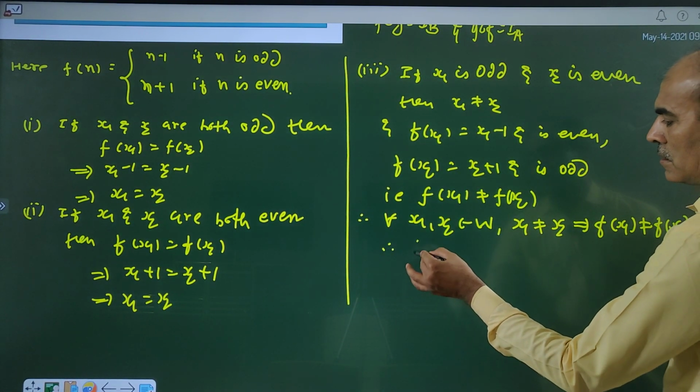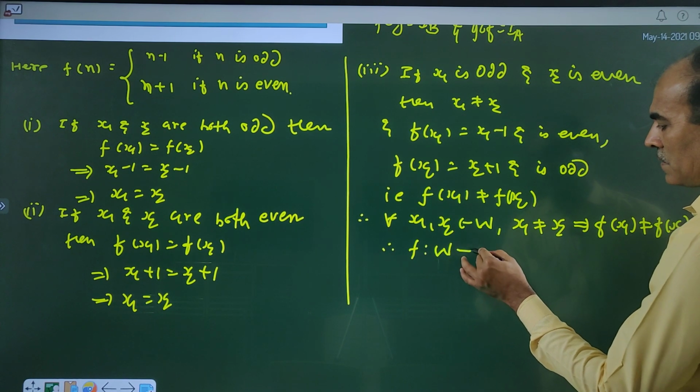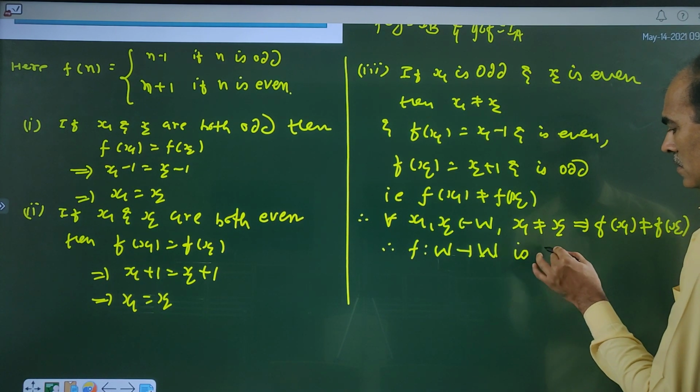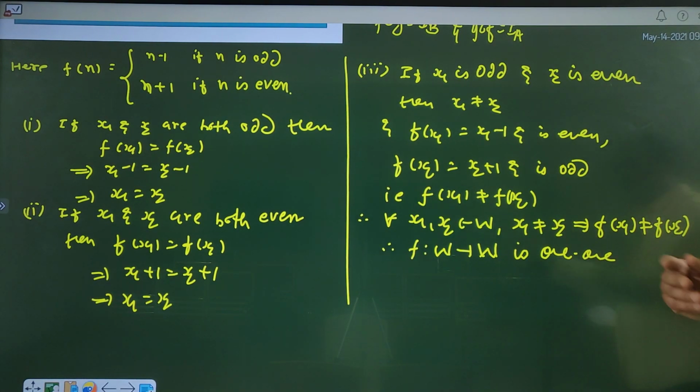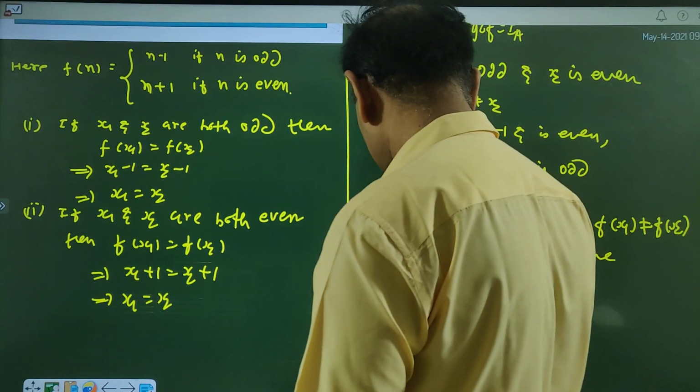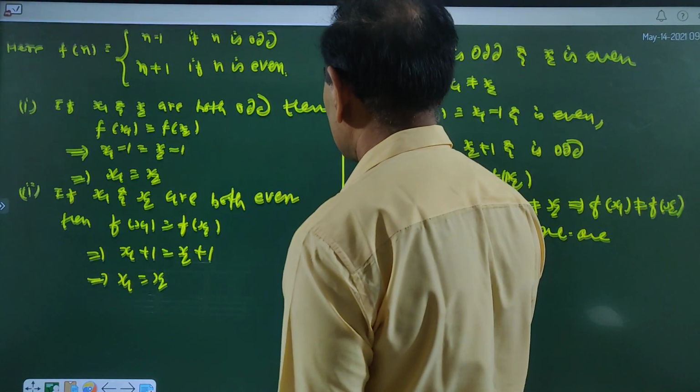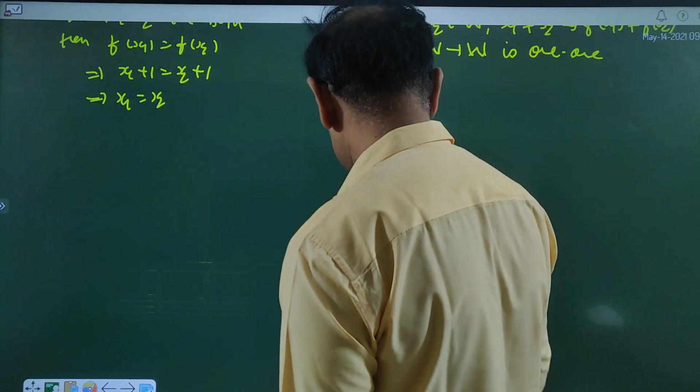And therefore, f from W to W is one-one. Next, our aim is to show onto-ness.